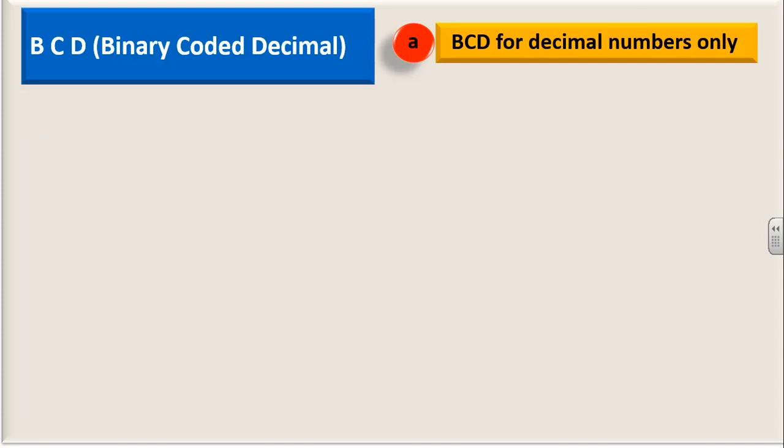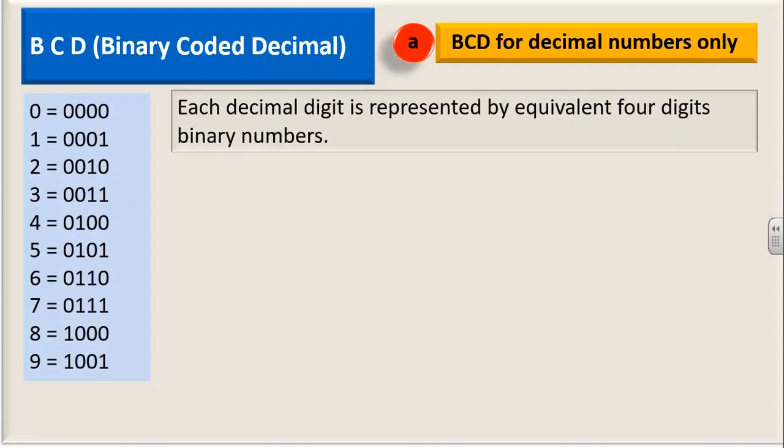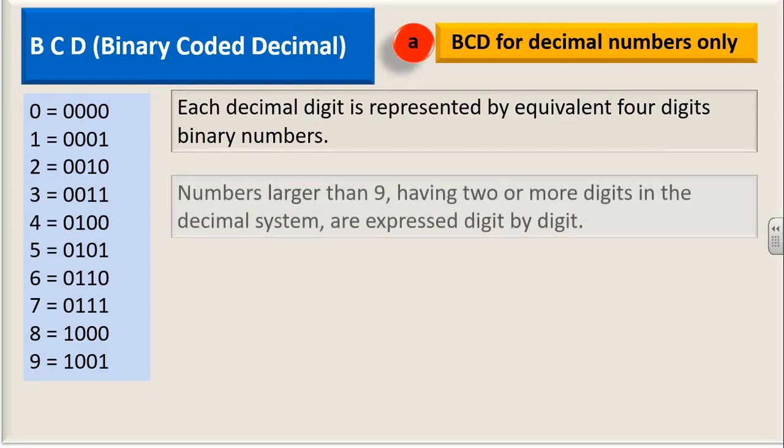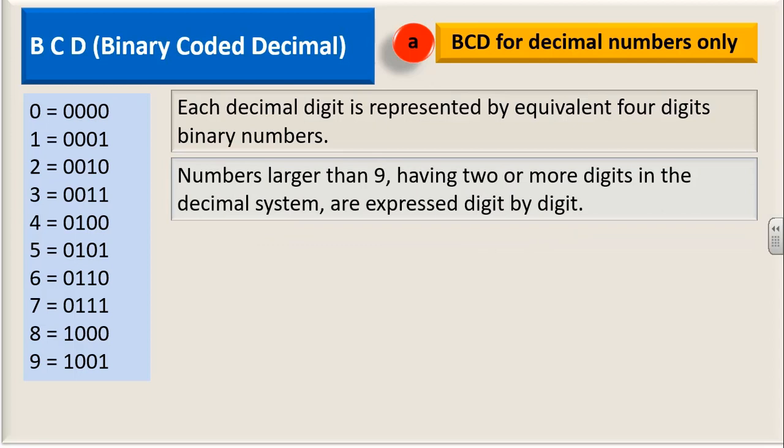BCD for numbers only. Each decimal digit is represented by equivalent 4-digit binary numbers. Numbers larger than 9 having 2 or more digits in the decimal system are expressed digit by digit.